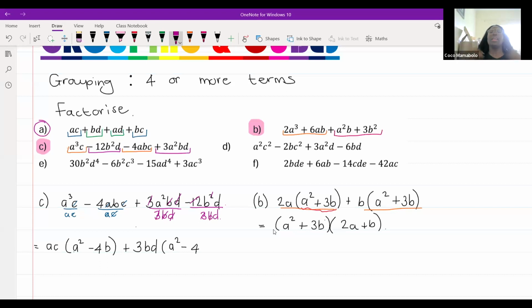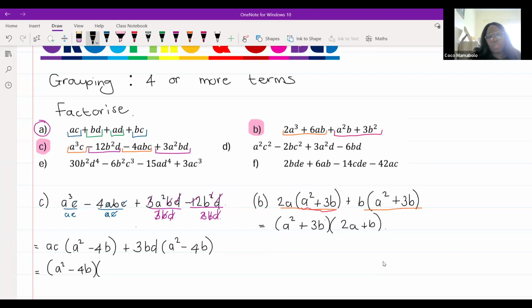All right. Now, do we see a common bracket? Do we see a common bracket, guys? Of course we do. It's a squared minus 4b. So we're going to take a squared minus 4b out.